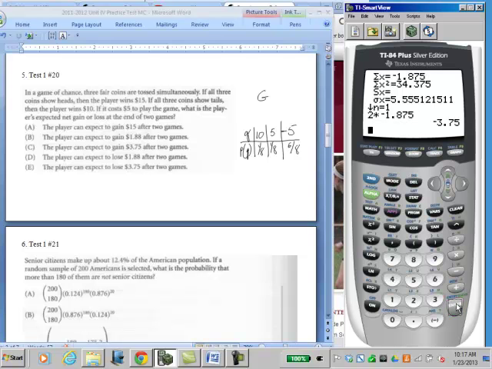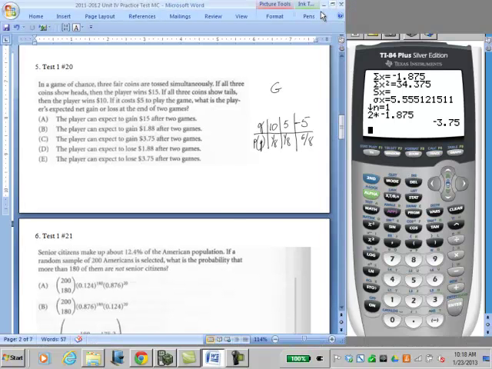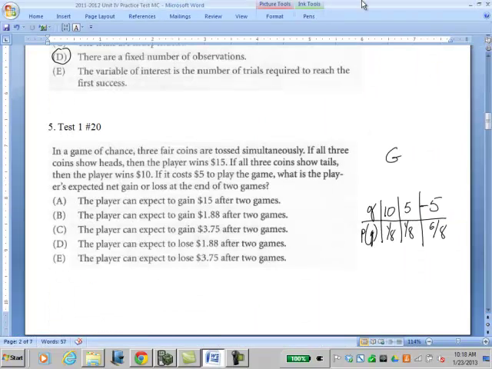So on average, after 2 games, you've lost $3.75. Okay? You can expect to lose $3.75 after two games. Not a good game.